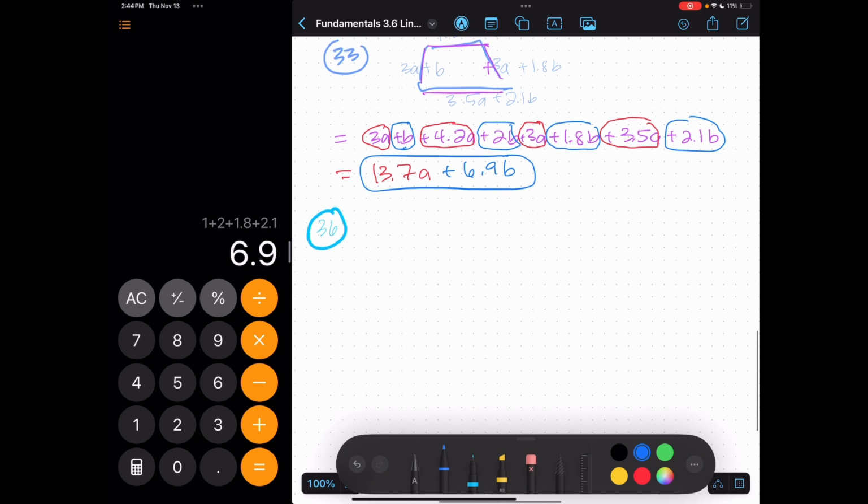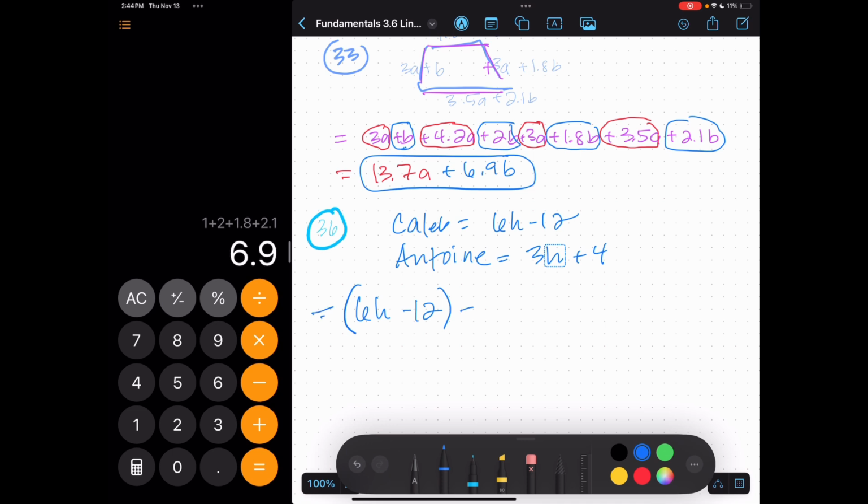So Caleb's hours, let's just write it out, is 6h minus 12, and Antoine's is 3h plus 4. We need to know how many more did Caleb work versus Antoine.